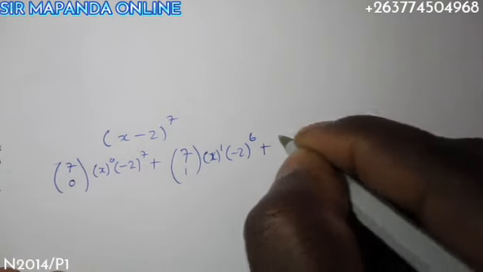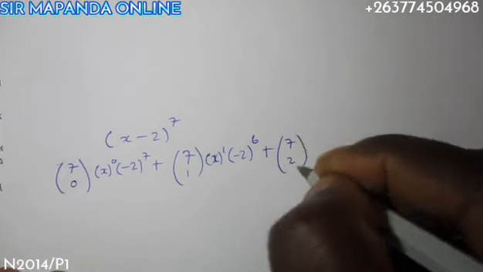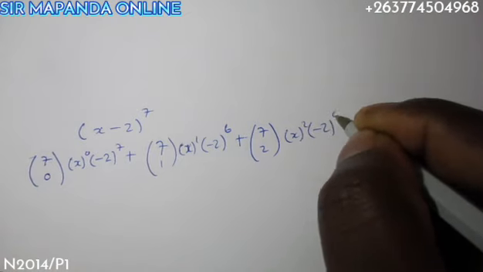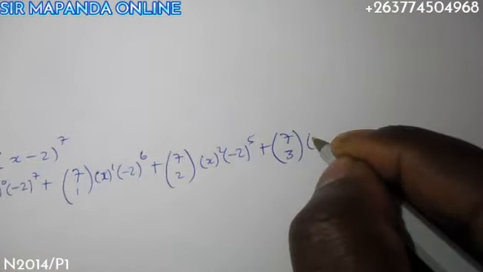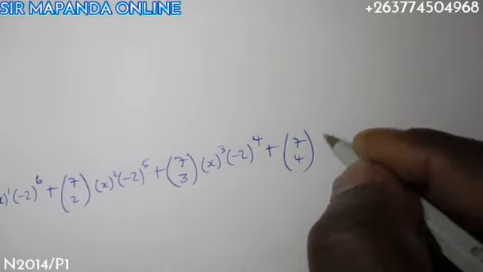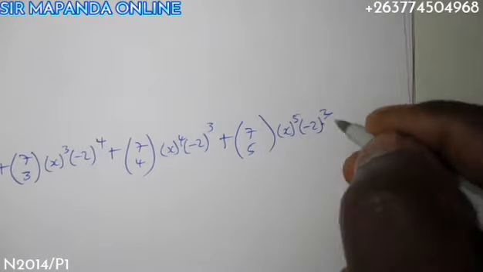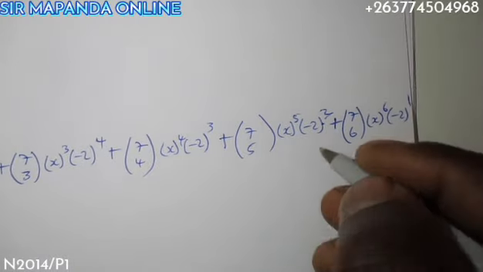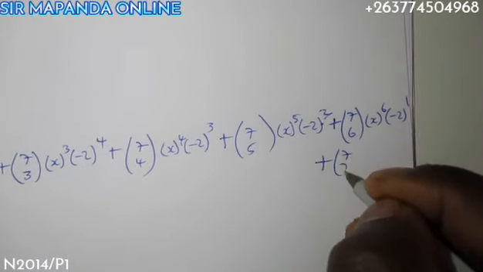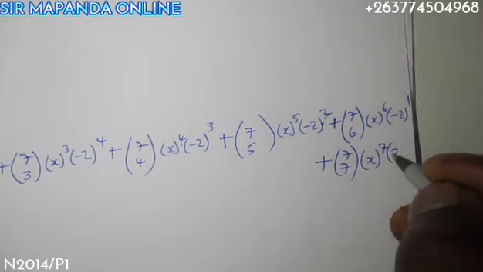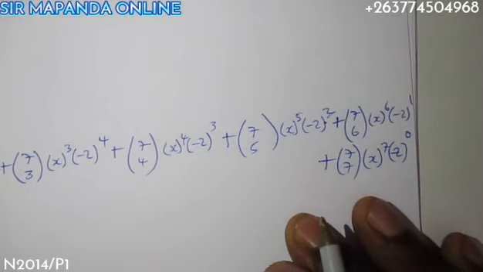Good. Then 7 choose 2, you have x squared and minus 2 to the power of 5. To the power of 1, and the last term is 7 choose 7, which is x to the power of 7 times minus 2 to the power of 0.